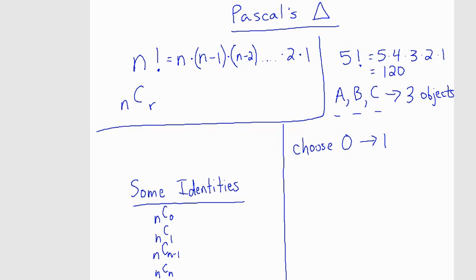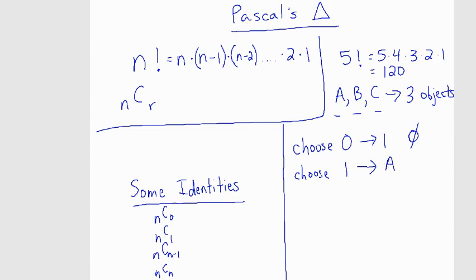So let's go through systematically. What if I want to choose 1? Well, I'll go back to choose 0 for a second. This is usually listed in set notation as a 0 with a line through it. This is called the empty set. The empty set is a set. What if I want to choose 1? Well, let's list out the possible ways to do that. I could choose A. That's one way.